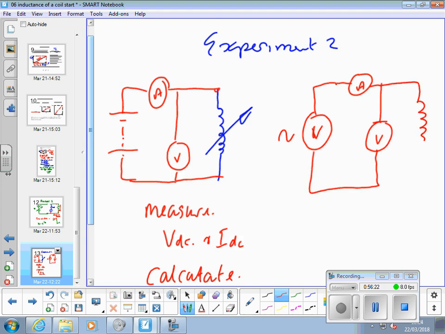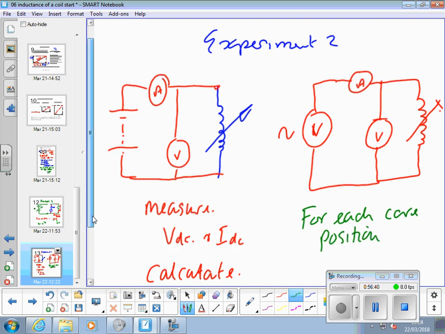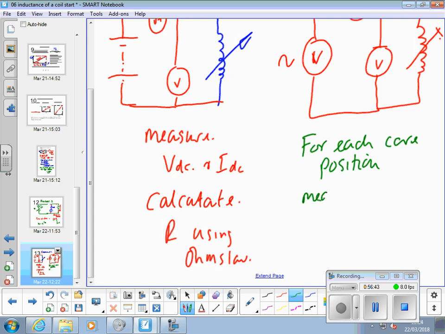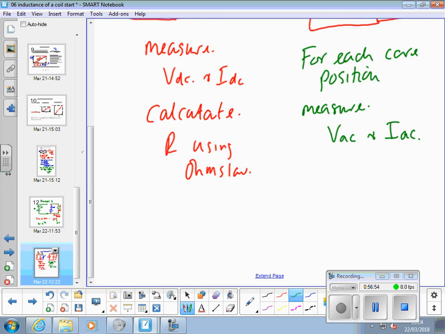Here's your variable inductor. For each core position, using Ohm's law, calculate XL.